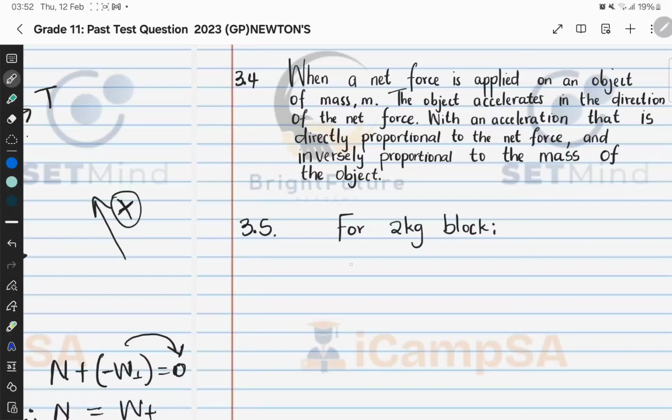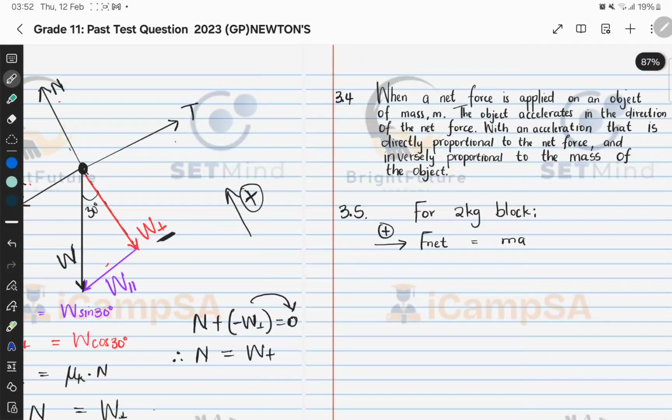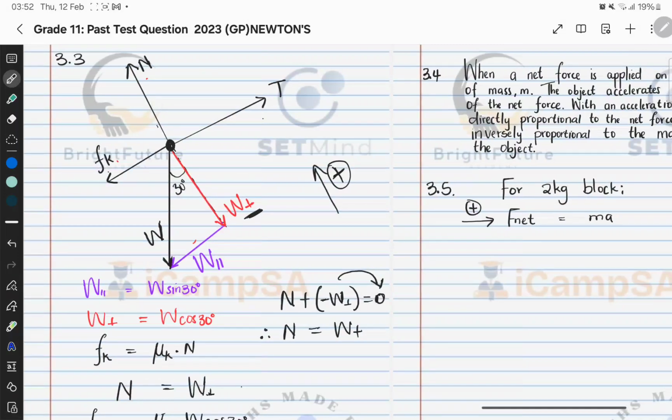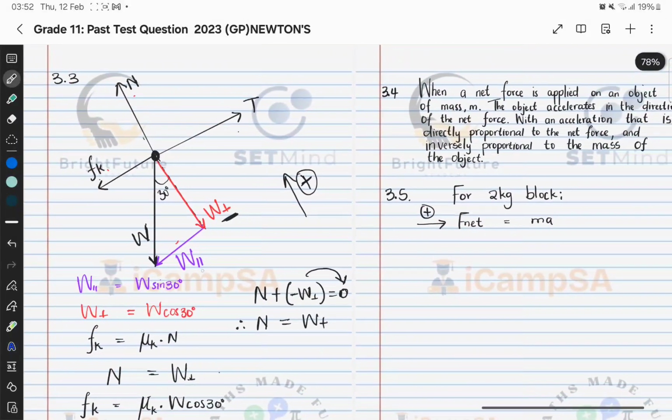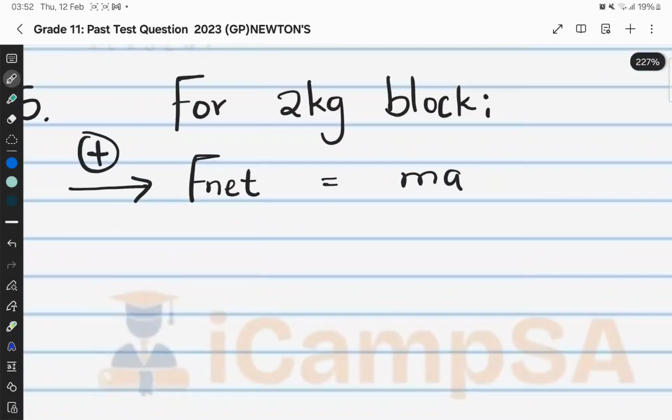Let's say F_net, and I'm choosing its direction of motion as my positive. What does it mean? My weight parallel will be negative because it's opposite to the direction I chose as positive. It also means my F_k, the kinetic friction, will be negative, which is always negative, obviously, because it always opposes the direction of motion.